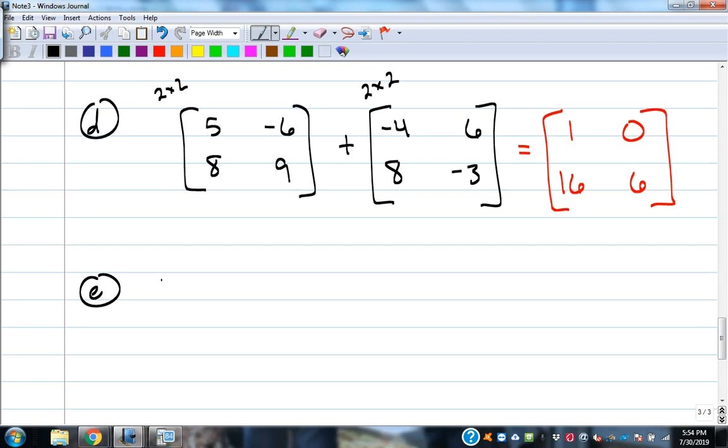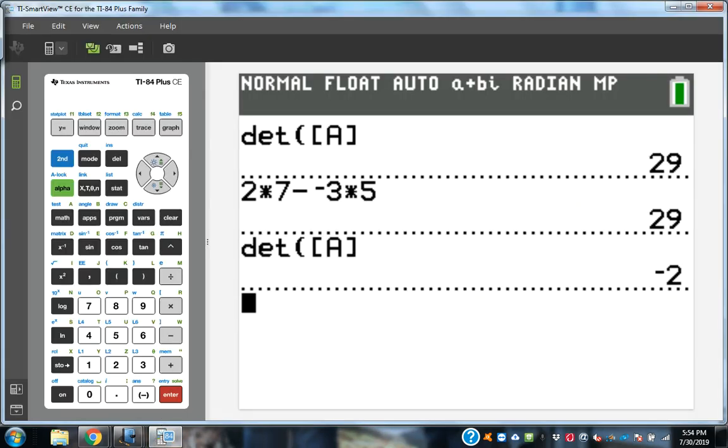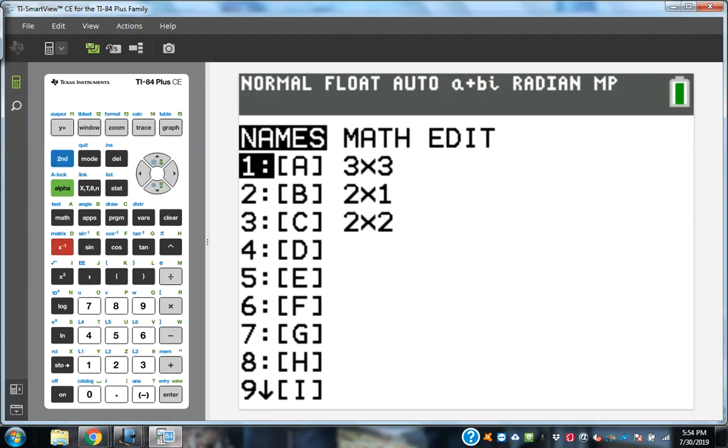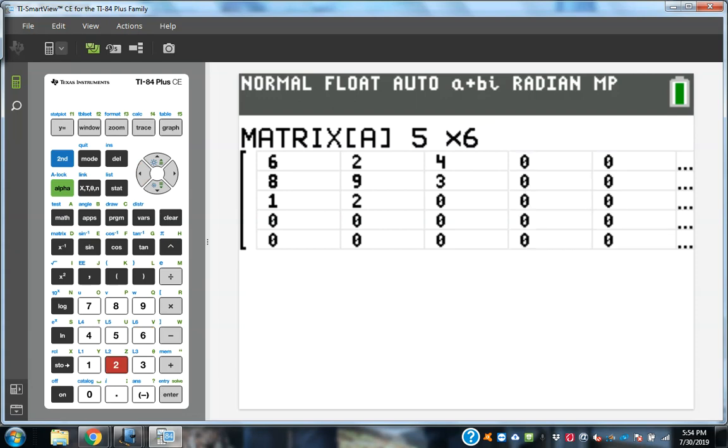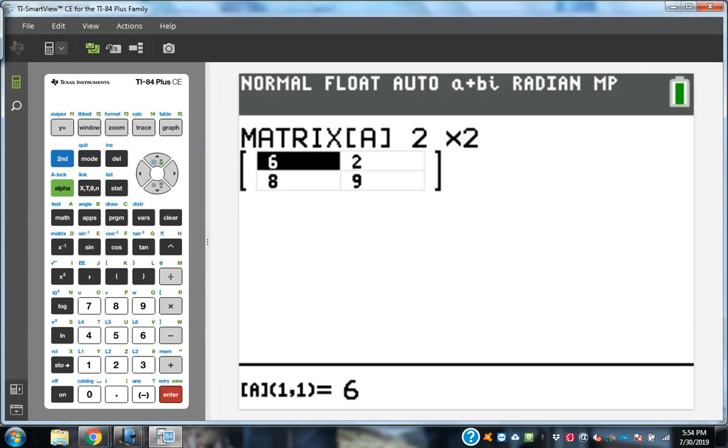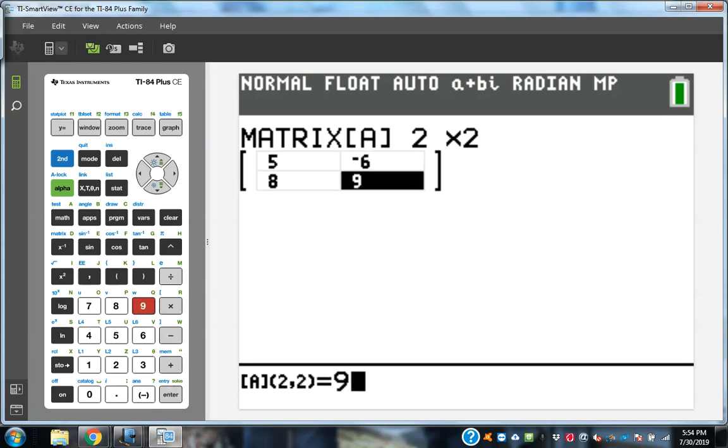If I wanted to do that in my calculator, I'll go ahead and show you that. Second matrix, go over to edit, and I'm going to have to use two different matrices here. So I'm going to enter matrix A. I've just got to remember that I'm entering the first one into it. 2 by 2 is what size we're dealing with here. 2 by 2, we got 5, -6, 8, 9.